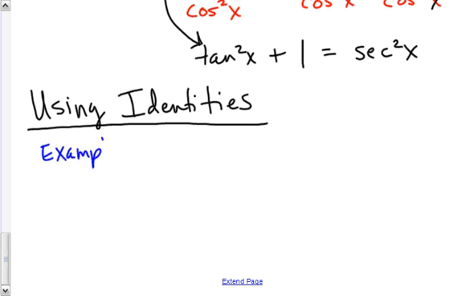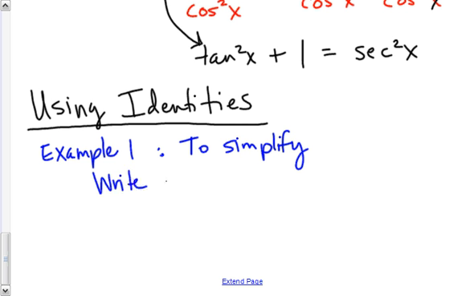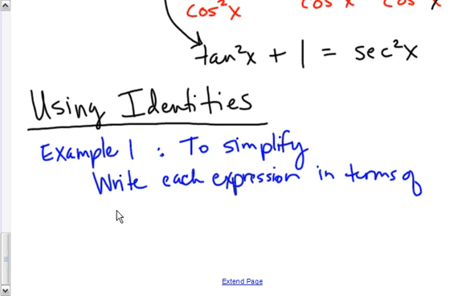We're going to use them to simplify, which is one of the ways that you use them. Alright, our directions here are to write each expression in terms of sine or cosine.